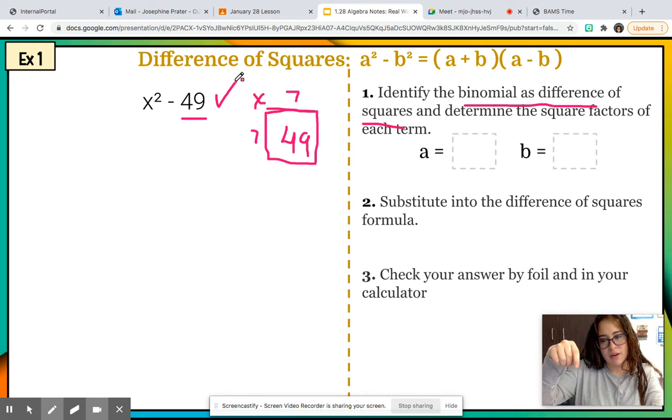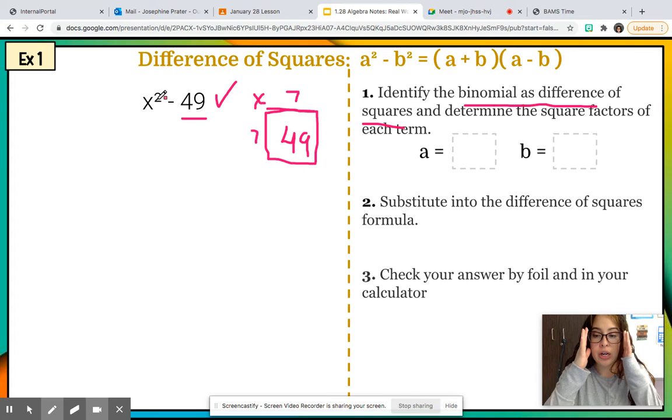Okay, so identifying the binomial as a difference of squares is by first noticing that we have that square number. And also because unlike the trinomials we have seen, this is missing a middle term. So because it's missing a middle term, we have to have an addition and a subtraction in our factored binomial, okay?